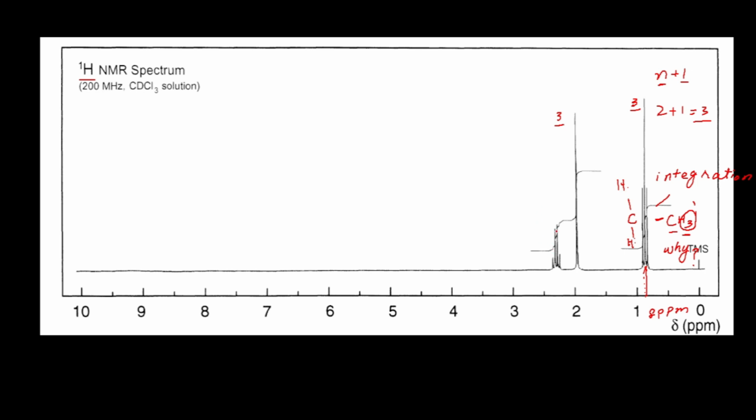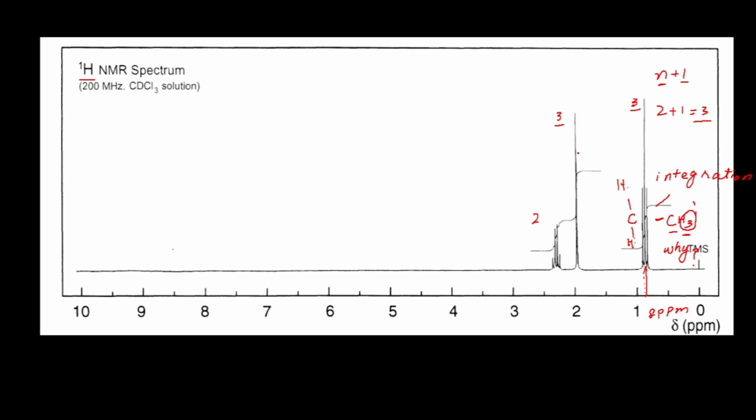And this integration scale gives us the information that here 2 protons are present. These integration values are mostly given in digitalized form, but if it is given like this, you may find it with the help of the scale values. If you don't know how to find the integration value in the scale, you may ask in the comment section. I'll make a video for you about that also.